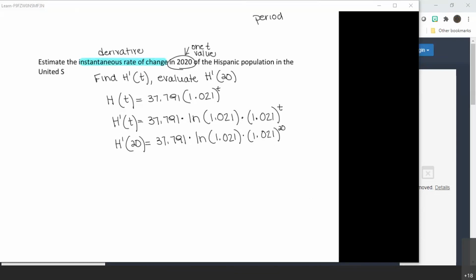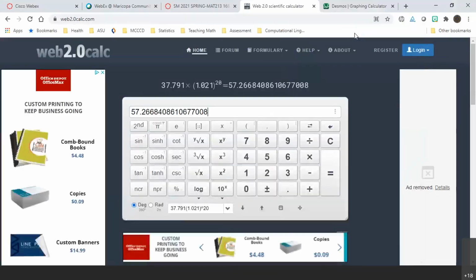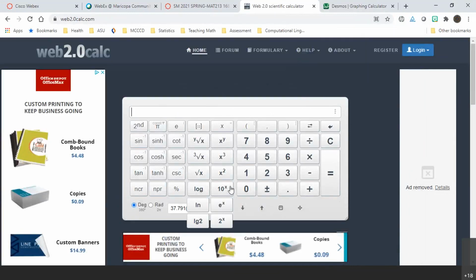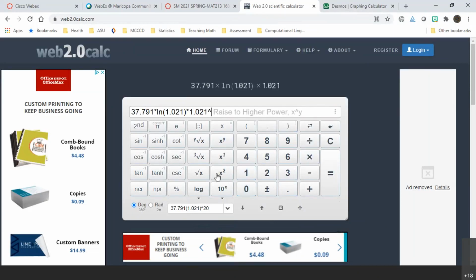If I want to evaluate this, I'll do this on my Web 2.0 calculator. Clear that. And that is 37.791 times ln, which is in one of these drop-down boxes, ln of 1.021, multiplied by my exponential, 1.021 raised to the 20th power.